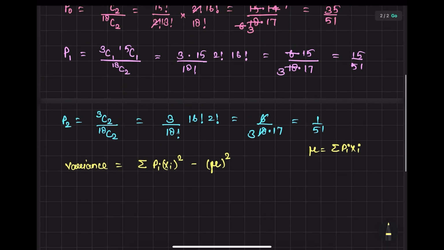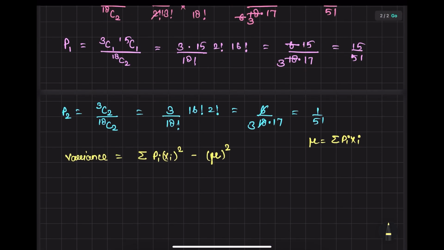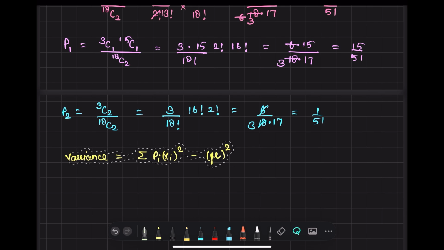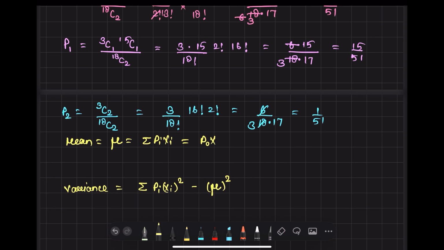So first we will go with the mean. Mean is mu, it is summation p_i x_i. p_i x_i is p0 x0, p1 x1, p2 x2.